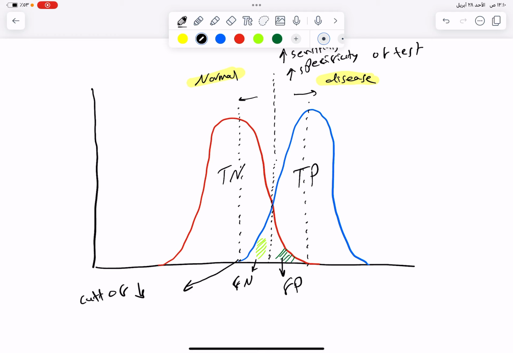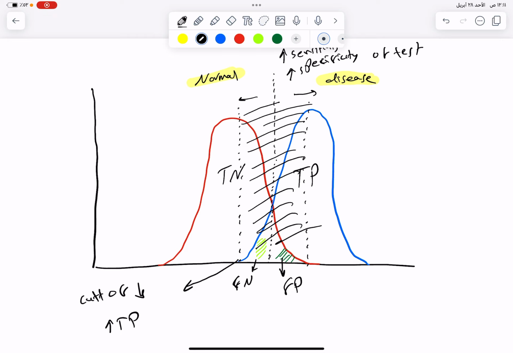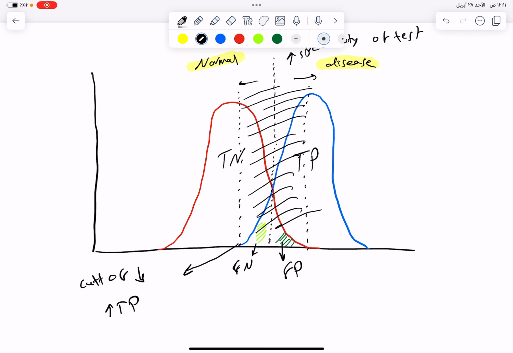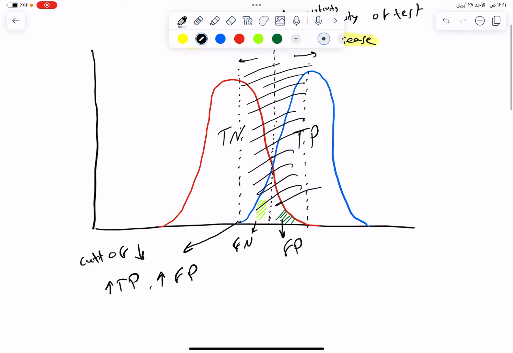When we lower the cutoff, this will lead to an increase in this area, which means the true positive is increased, as shown. Also the false positive will increase, whereas the true negative and false negative will decrease.